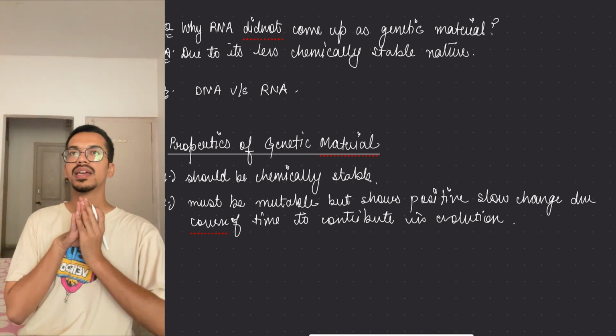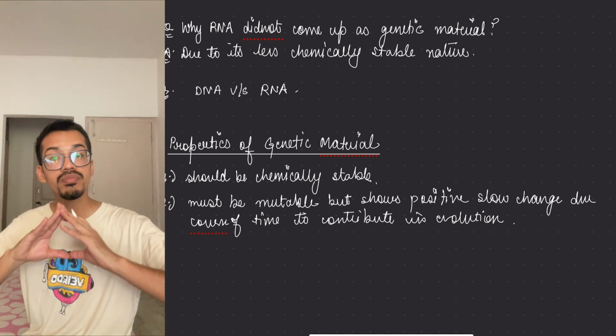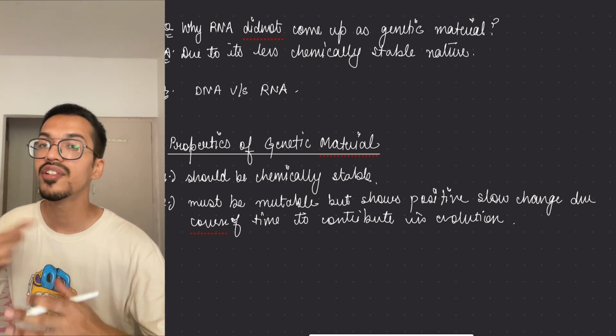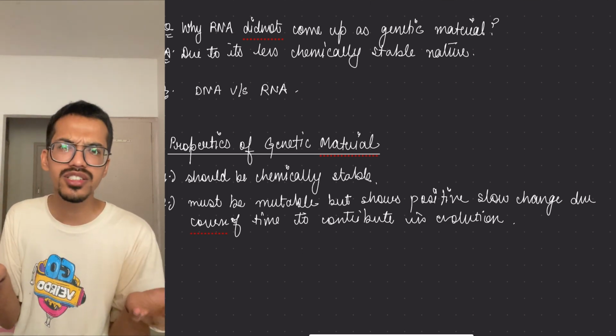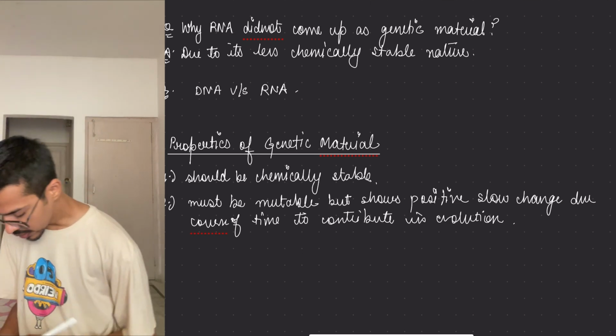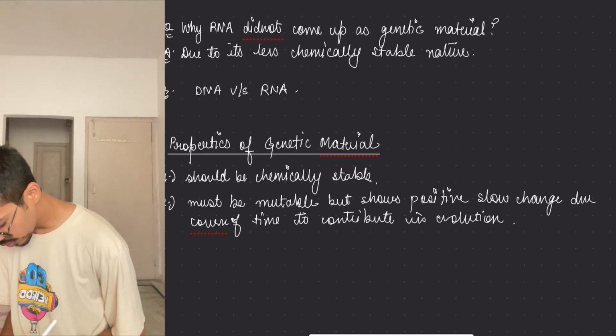Next, it should be able to maintain its integrity and replicate. If something can't replicate by itself, it won't be able to do anything, right? It should be able to replicate.